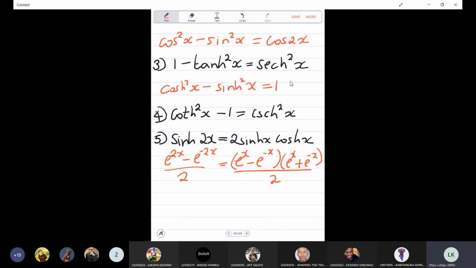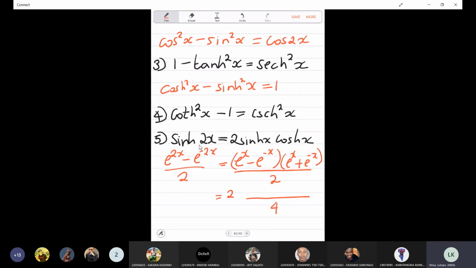Okay, so this one, I want the 2 to be over here. So I can multiply by 2 and then also divide by 2. If I put a 4 over here, you can see that this 2 and that one will cancel, so that I have this 2 here, because I'm trying to work out my identity.